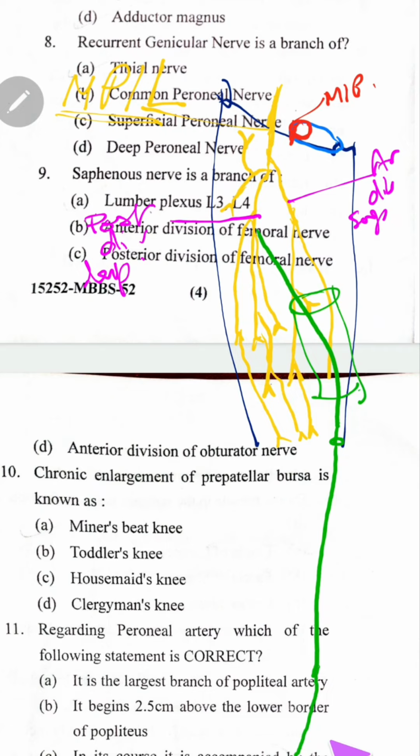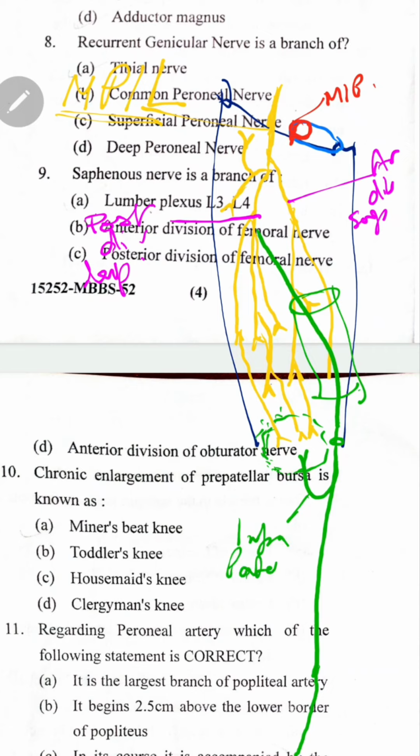That is such a long distribution, but when it emerges out from here, it soon gives its recurrent branch to the skin covering the patella, and this is called the infrapatellar nerve. This is actually a recurrent branch from the saphenous nerve, and it supplies the skin over the patella.